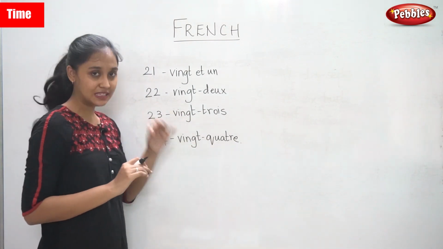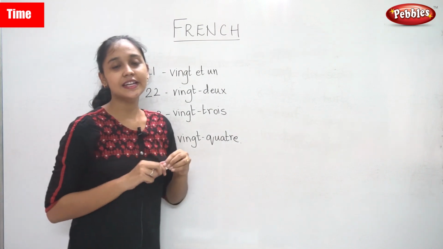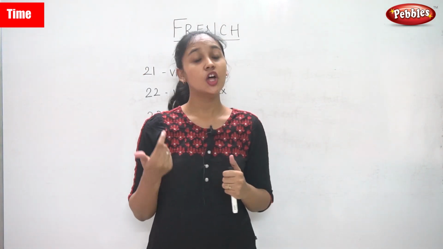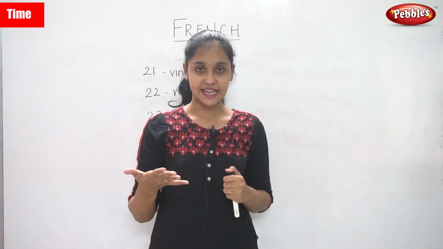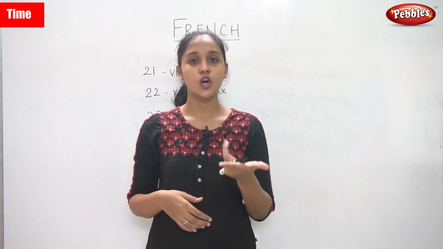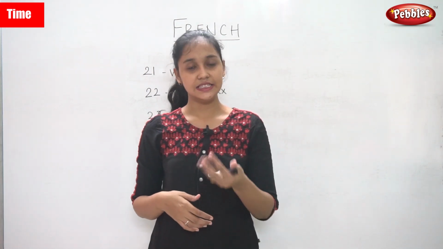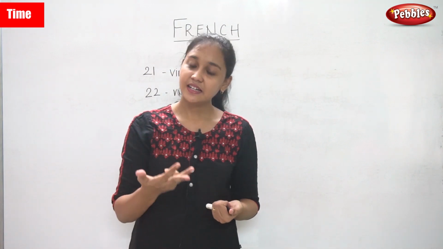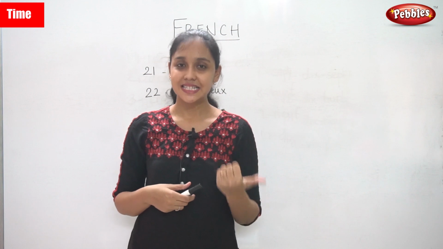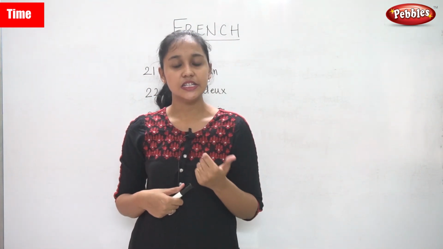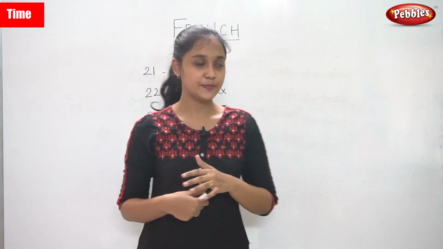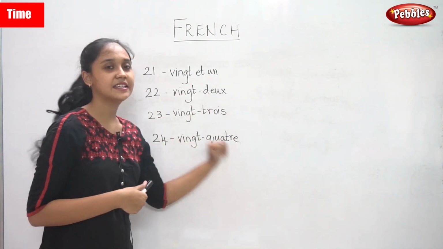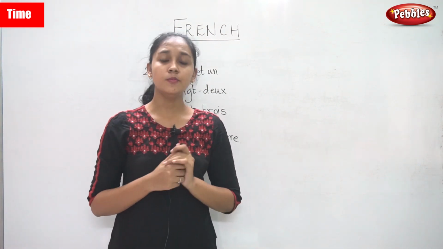So you must be thorough with these numbers in order to tell the time. So say numbers from 1 to 24 along with me. Un, deux, trois, quatre, cinq, six, sept, huit, neuf, dix, onze, douze, treize, quatorze, quinze, seize, dix-sept, dix-huit, dix-neuf, vingt, vingt et un, vingt-deux, vingt-trois, vingt-quatre. So now you know numbers from 1 to 24.